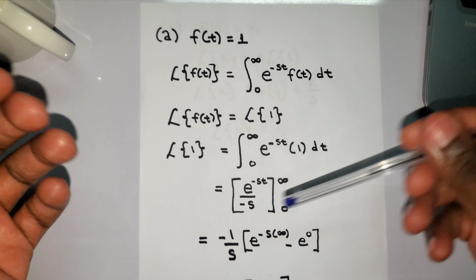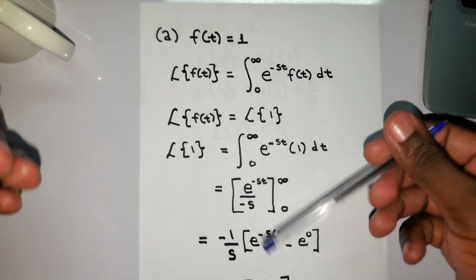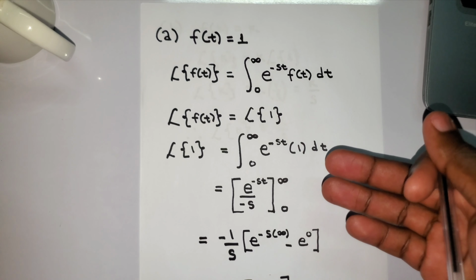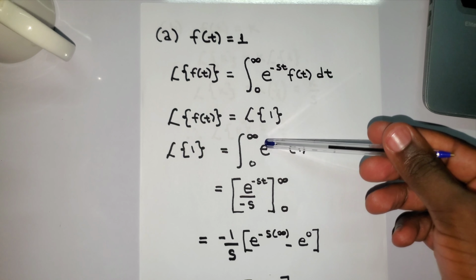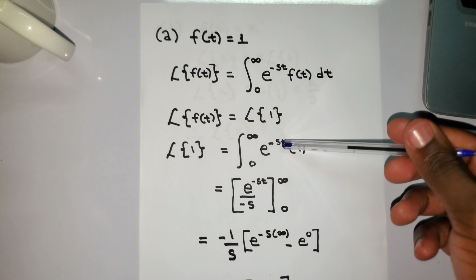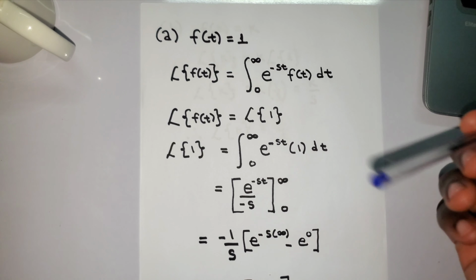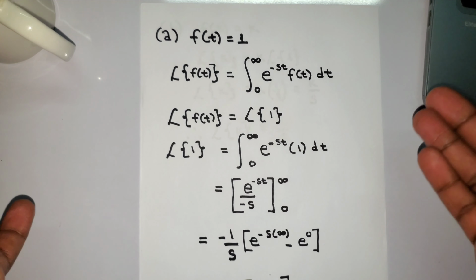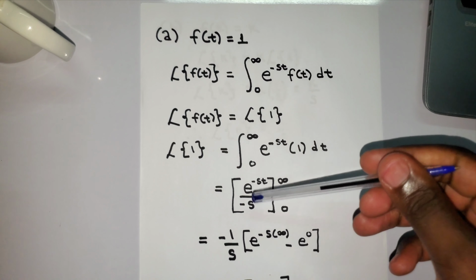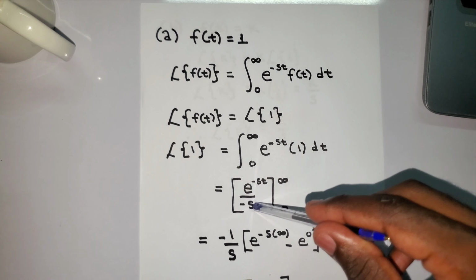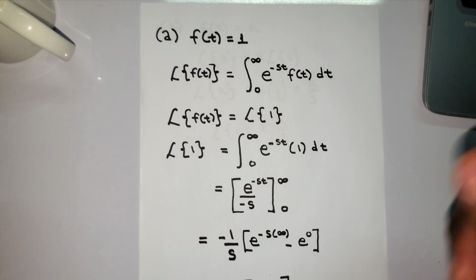We are integrating between the boundaries of 0 and an infinitely large number. When we integrate this, we simply take the differentiation of the power. In this case, the power is minus st, so the differentiation with respect to t gives minus s, and we put it as the denominator after we perform the integration operation.